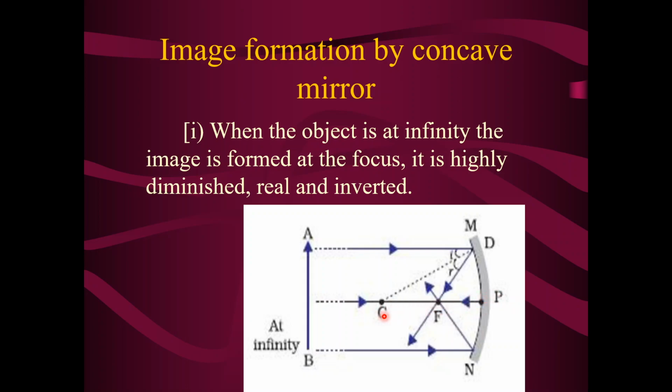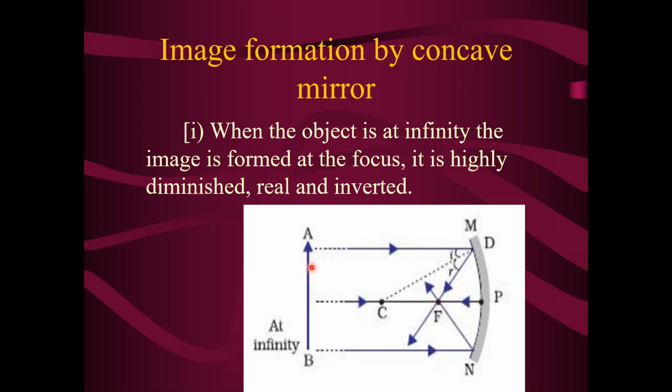Draw a line, mark the center of curvature, focus and the pole in such a way that the focus is exactly between the center of curvature and the pole, and at the pole you can make this arc concave, which is curved inside. This distance must be taken care of, then exactly the position of the image will be the same.